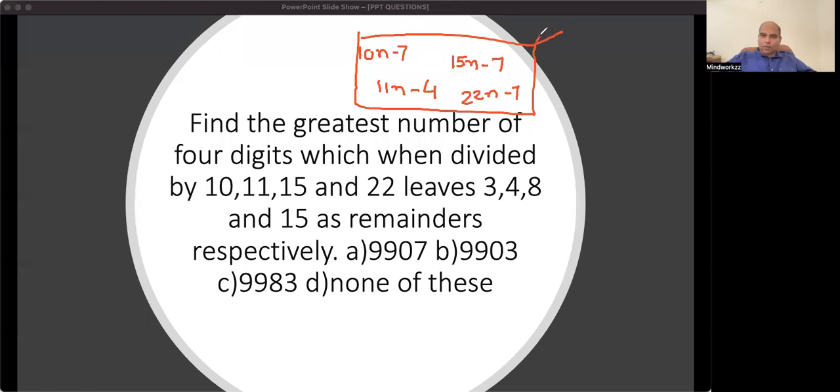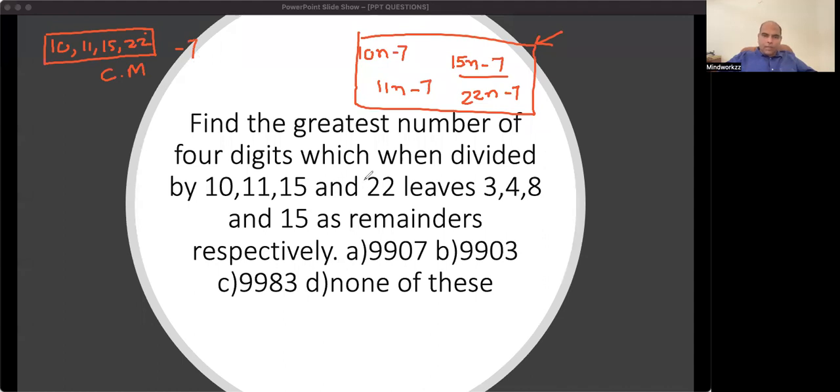These four should all hold. So we have to look at a common multiple of 10, 11, 22, and 15 and subtract 7 from it.